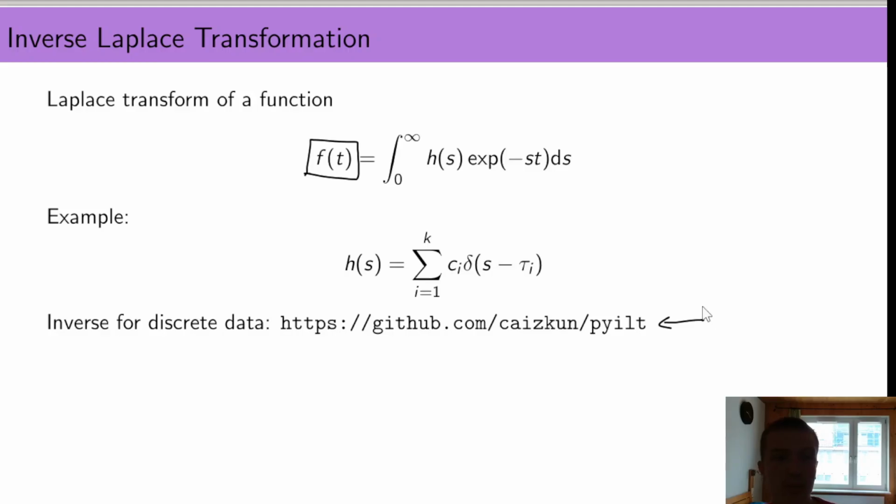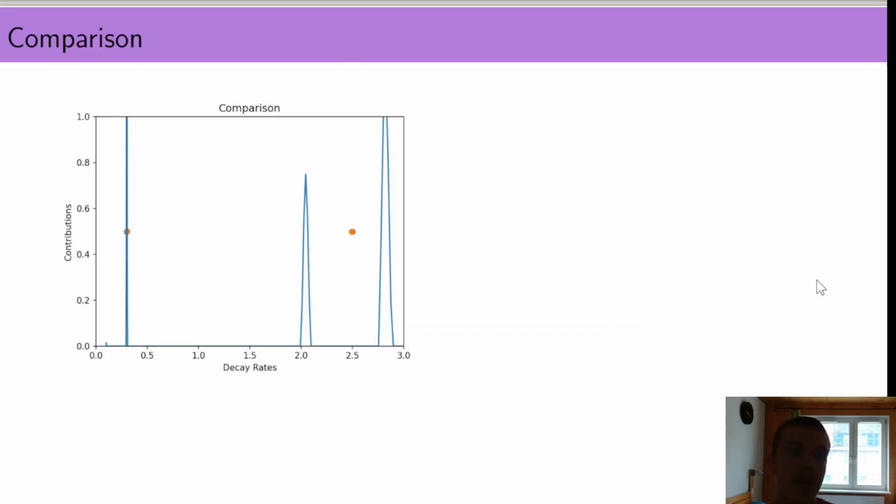And it outputs this h of s. So in this case, you get a discrete set of values for s and then amplitudes for those decay rates.